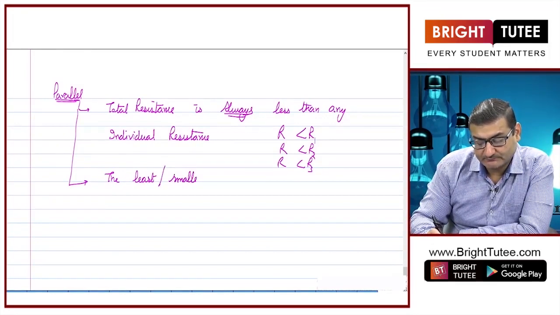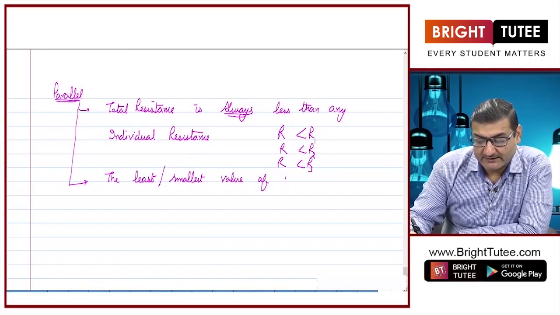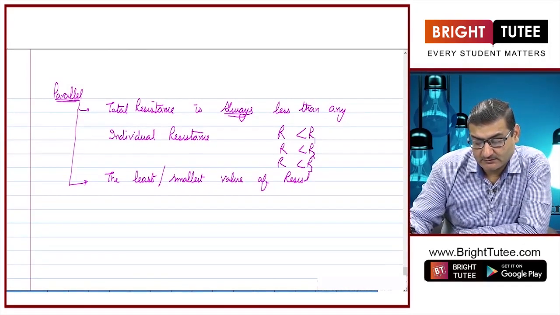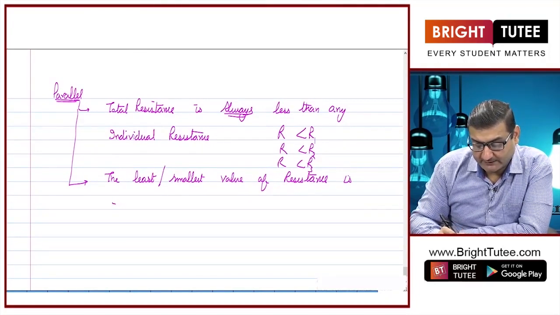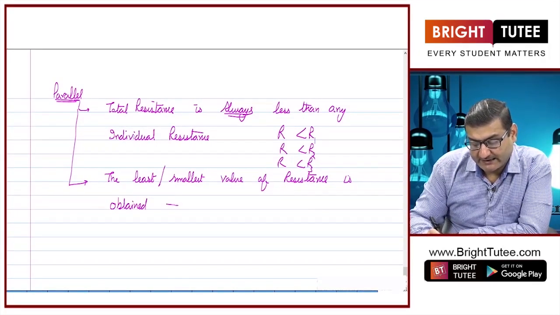the smallest value of resistance is obtained by connecting it in parallel.